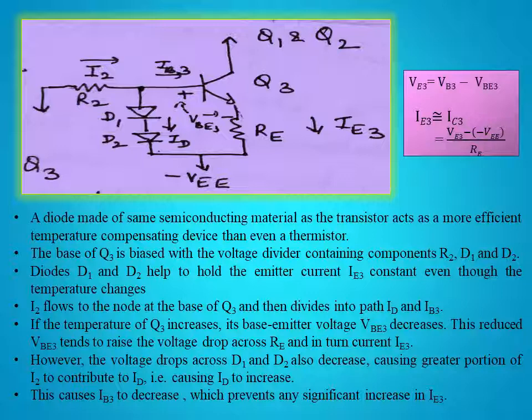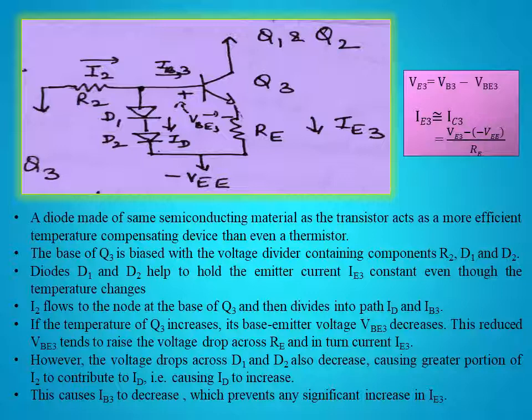So a greater portion of the I2 current flows through ID, in turn decreasing the current IB3 flowing into the transistor Q3. If IB3 decreases, the increase in IE3 is reduced. This prevents any significant increase in I3. So in this way, we get a stable operating point.